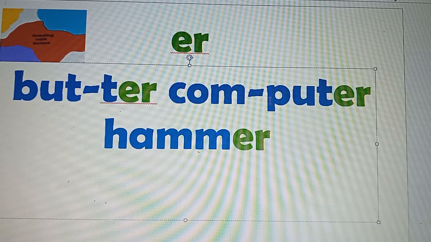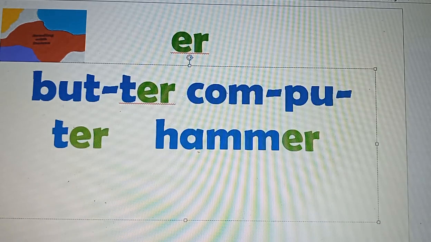All right. Then we have P-U-T-E-R. How will we break that one now? Look at this U right there. That U is there, and then that part there is closed because of the controlled R. The controlled R is there, so we're going to put the T, E, R together, and then we break it right there.